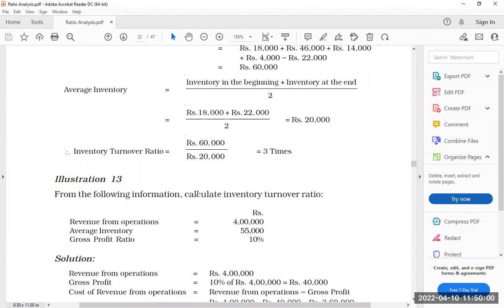For example, take 60 by 10. What's the answer? 6. What's the logic of that? With the help of 10,000 rupees as an average stock at any given point in time in a particular year, the company is able to manage sales of 60,000 in the year. Another company has only 6,000 as average stock, and they're able to manage 60,000 rupees worth of sales in a year. So the ratio is 10 times.